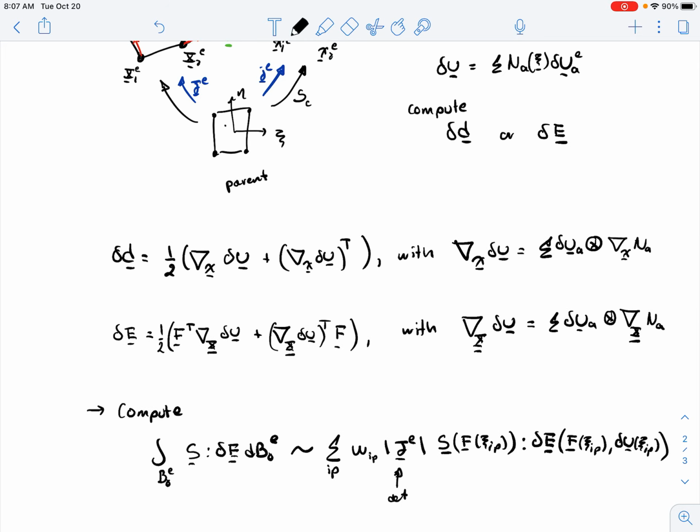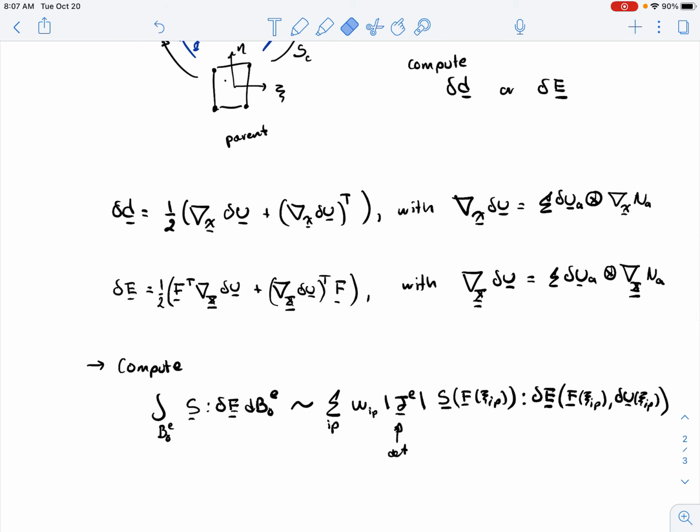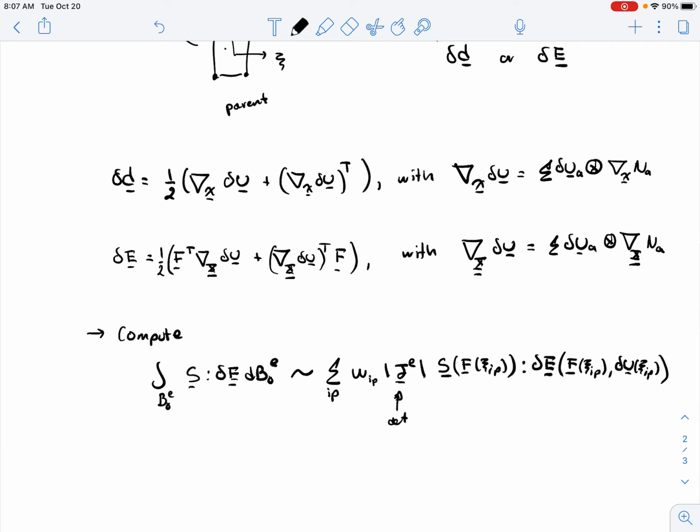You have the formula for how to calculate delta U, and the formula for the gradient of this virtual displacement with respect to either lowercase x or capital X for any value of xi. Because your shape functions are in terms of xi, you can do it for the integration points. So that's how you can compute that integral.